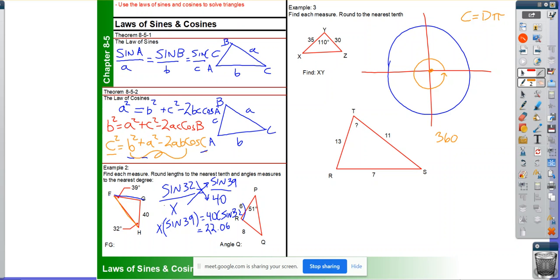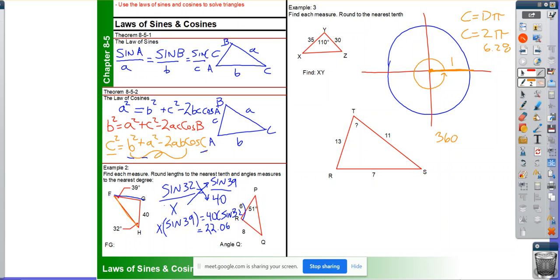A unit circle has a radius of 1 unit. Therefore, what's the diameter of a unit circle? 2. So the circumference of the whole circle is going to be equal to 2 times pi, which is approximately 6.28, right?